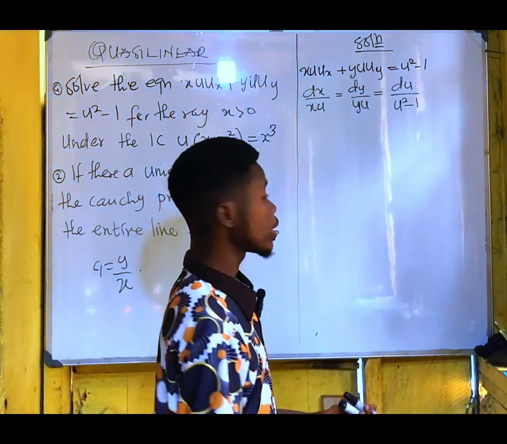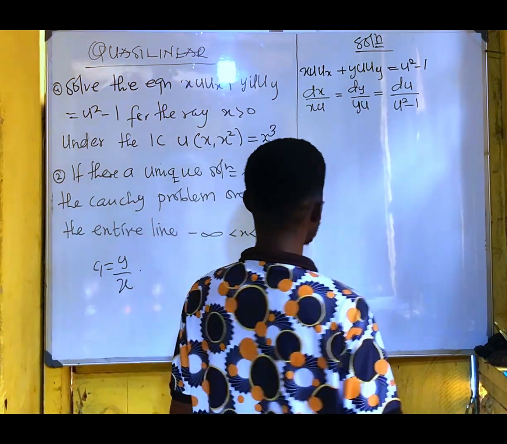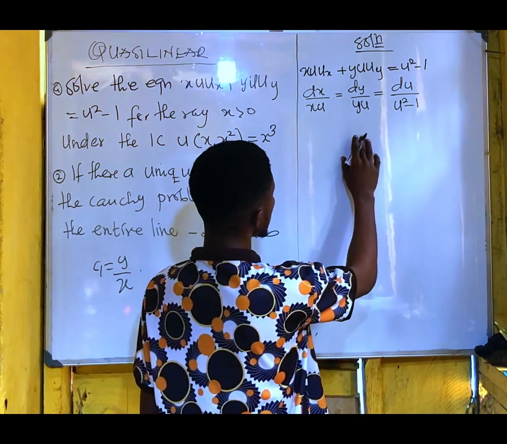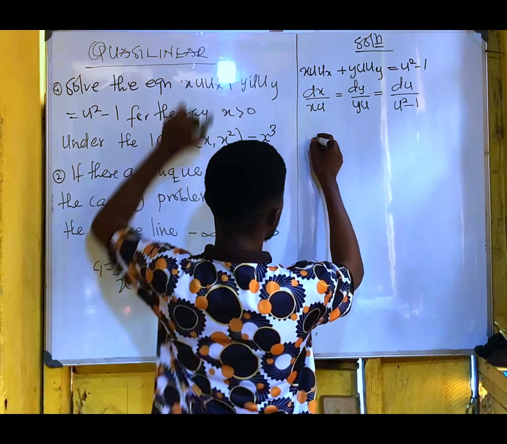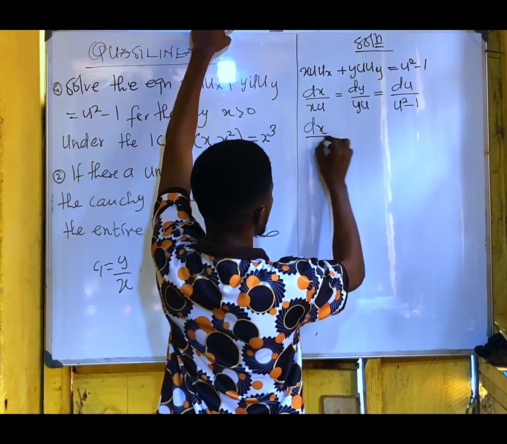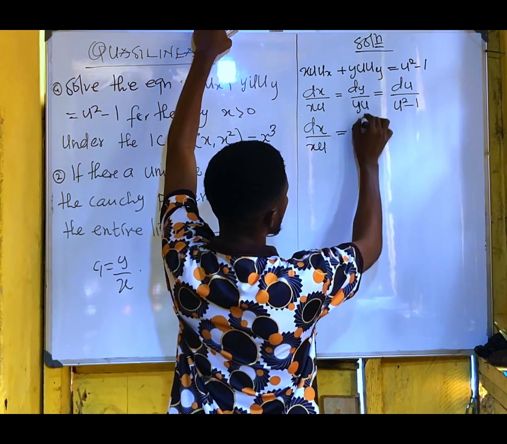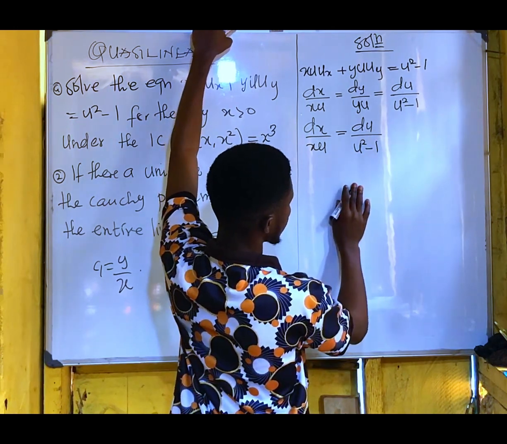Okay, now let's look at the continuity of it. We are now having c1, so we need to also look for c2. For the c2, you can compare this to this or this to that, it will all work. So let me compare the x. So I have dx over xu is equal to du over u square minus 1.